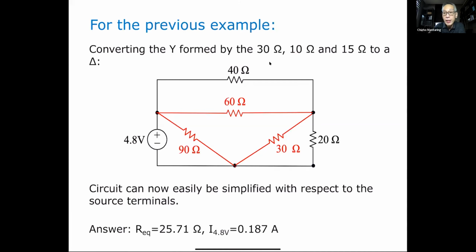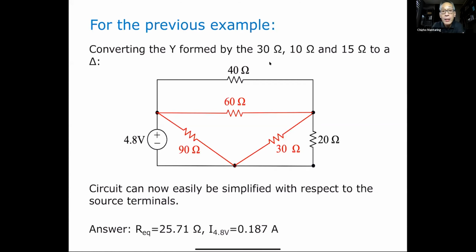So just do the math. The equivalent resistance is going to be 25.71 ohms. And 4.8 volts divided by 25.71, you're just going to get 0.187 amperes.